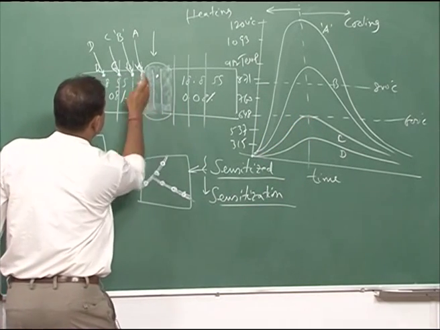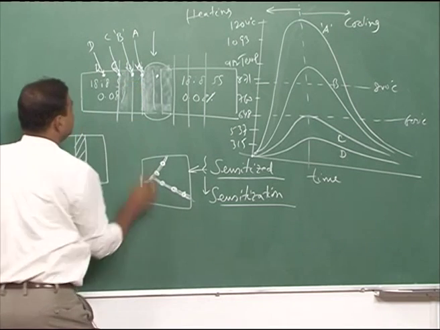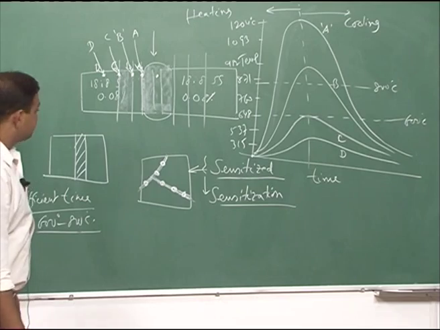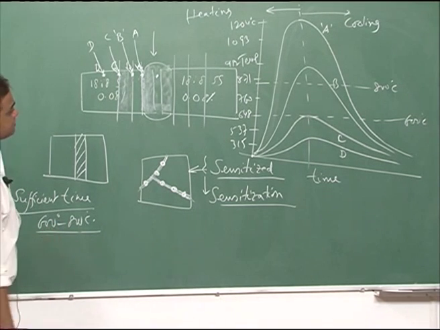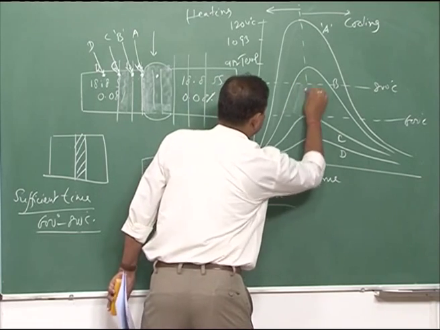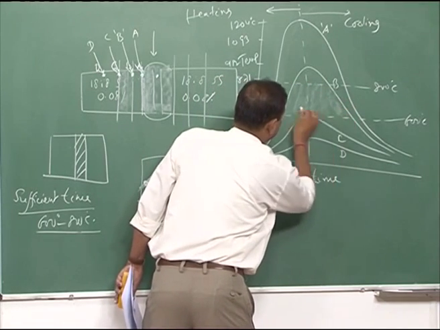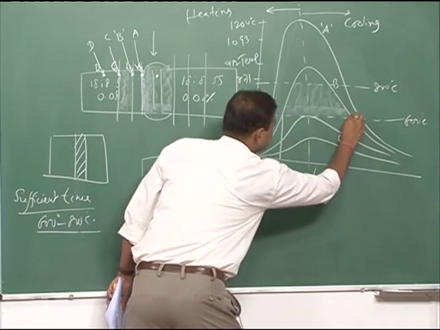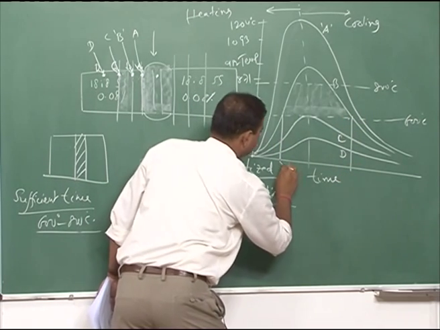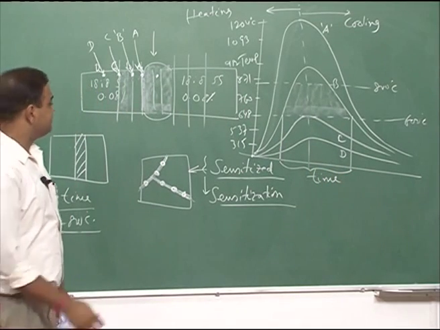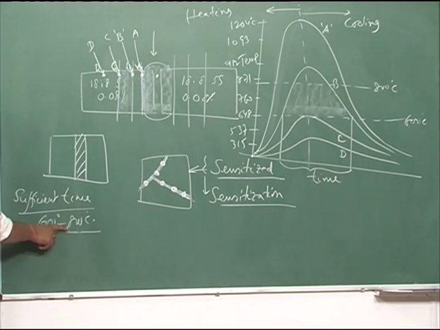So, this zone is staying in the sensitized temperature zone, which is 600 to 800 degrees Celsius, for the maximum duration. If you see this, this is the amount of time that the material is spending in this critical temperature zone where we have sensitization.